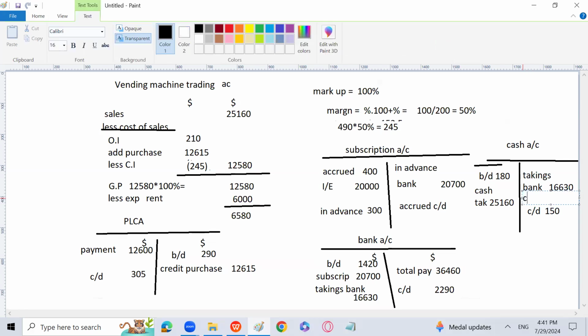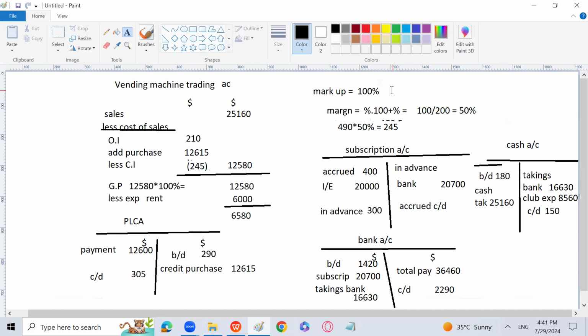Now the difference is going to be the club expenses, debit side total minus credit side. I'm not totaling the T accounts, because they just asked us to calculate it actually. We have calculated it. 8,560 is going to be the club expenses.